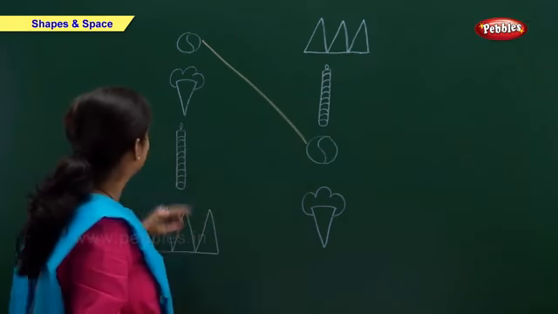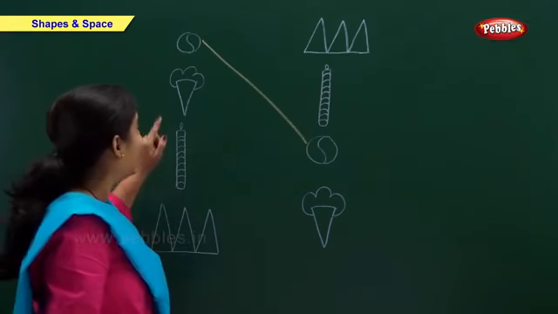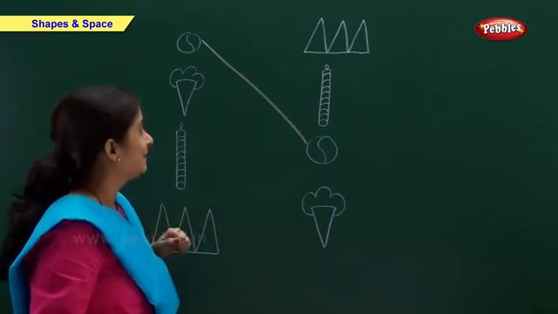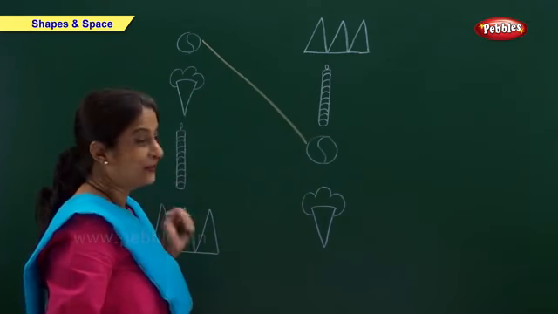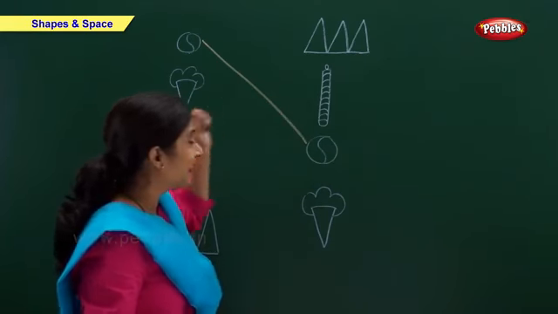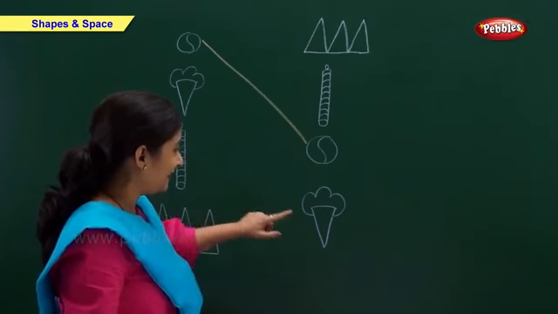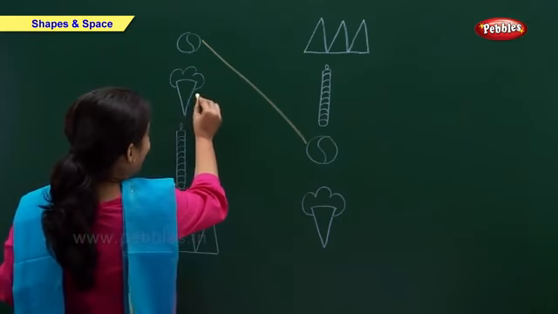Ball. What is this? Right, an ice cream. So let's find ice cream. Is this an ice cream? No. Is this an ice cream? No. And here we found our ice cream. So let's match.